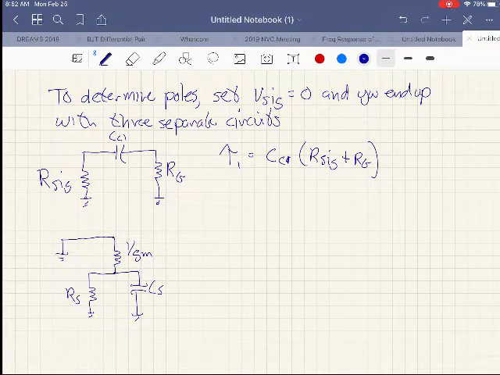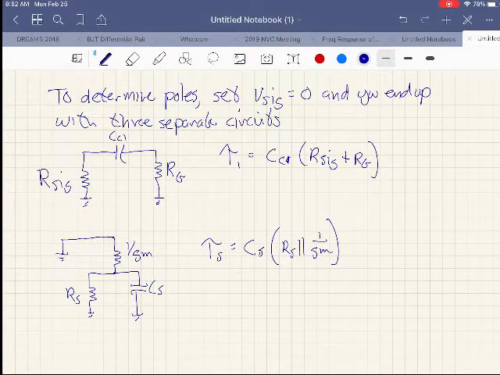So there's our circuit. The time constant tau for this circuit is going to be CS times RS in parallel with 1 over the transconductance. And we've got one more here.